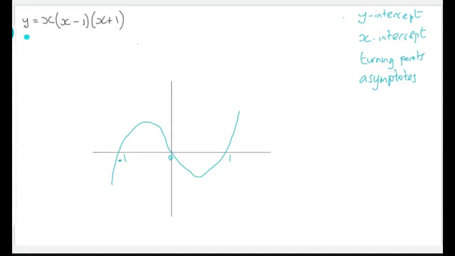So with this first expansion, we have x times minus 1 times x plus 1. That's the difference of two squares, so x squared minus 1 squared, which is 1. So x cubed minus x.